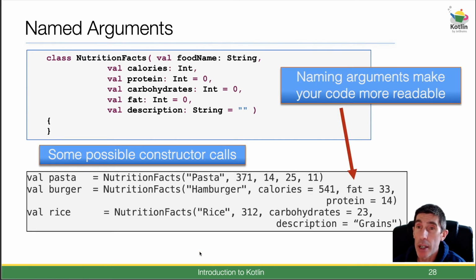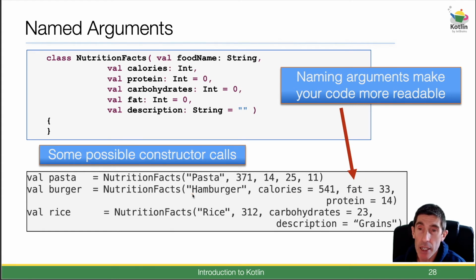Just looking at some other examples there. Naming arguments makes your code more readable. If you want to give a different value and not stick to the default values, the first one there they were just passing them in like before, essentially four numbers, which is not that intuitive in terms of what those numbers actually mean.